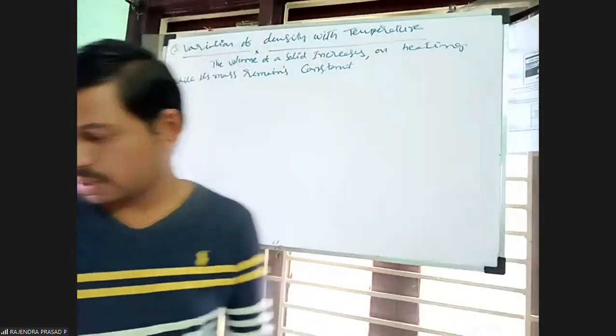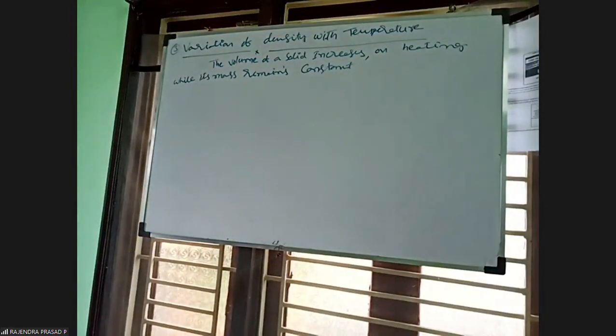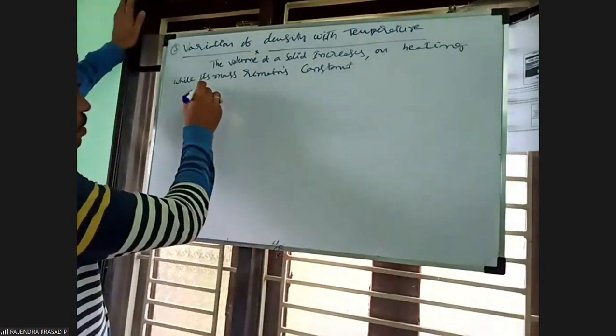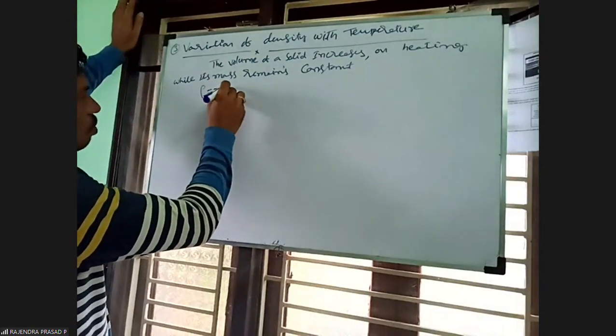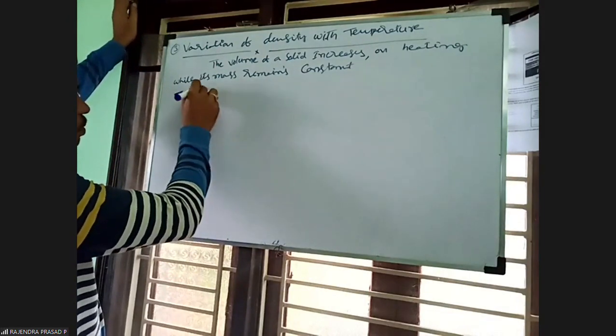So density decreases. Mass constant means density equals mass by volume, so density is inversely proportional to volume.